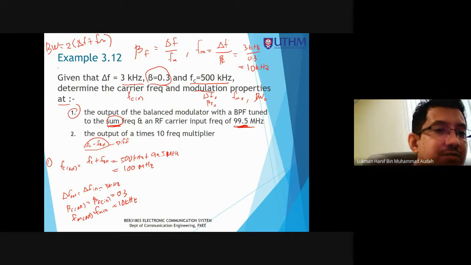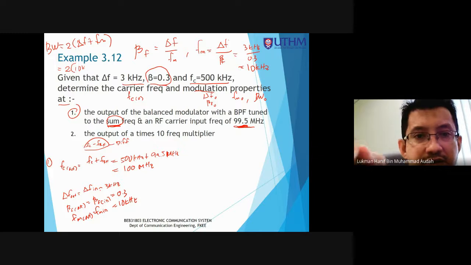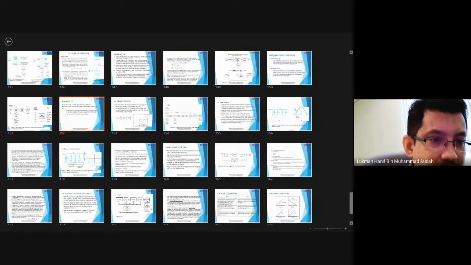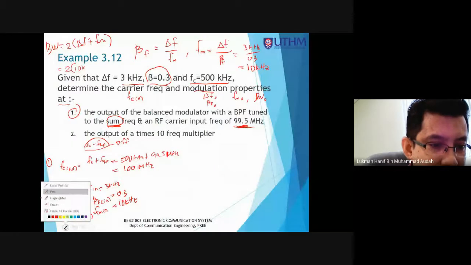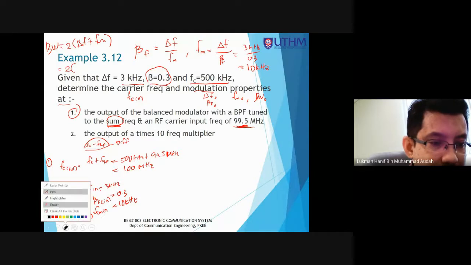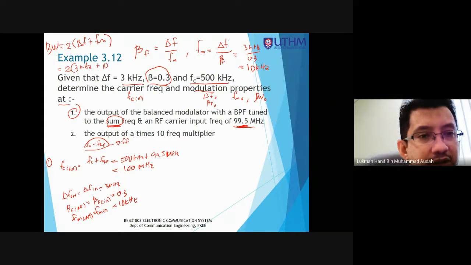Okay. So what happened is that 2 times delta F, sorry, delta F is 3K, plus FM 10 kilohertz. So this is equal to ini bersamaan dengan 13 kali 2 jadi 26.